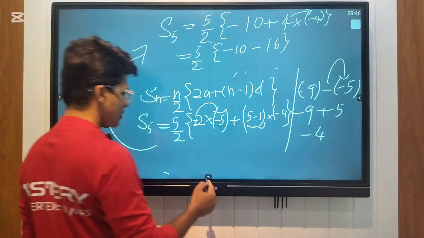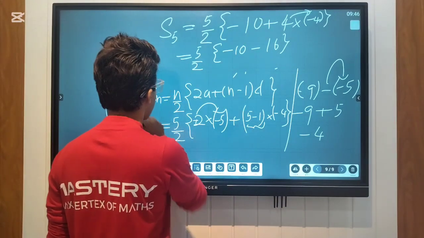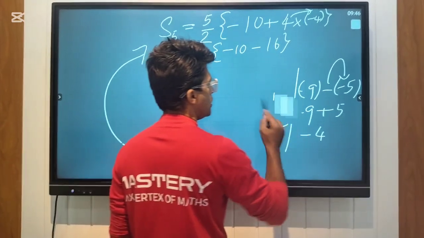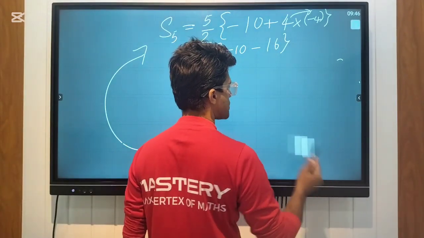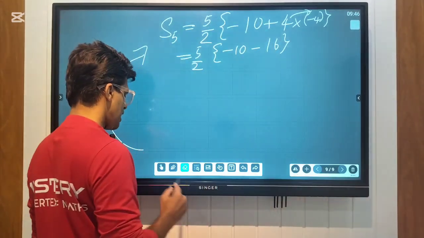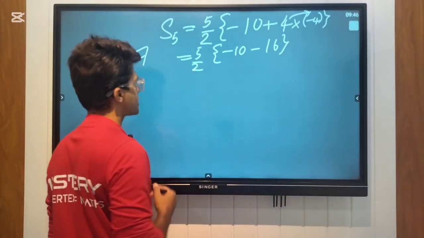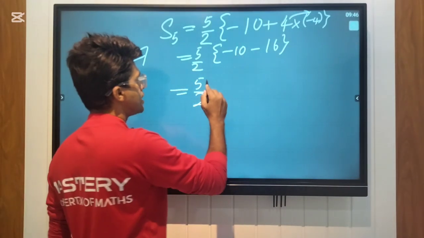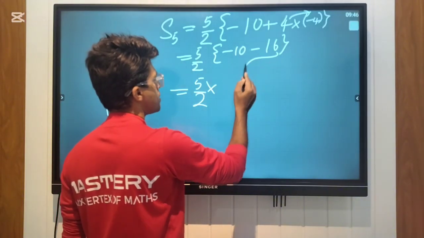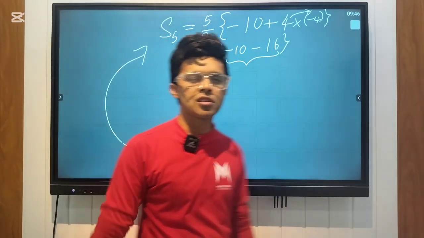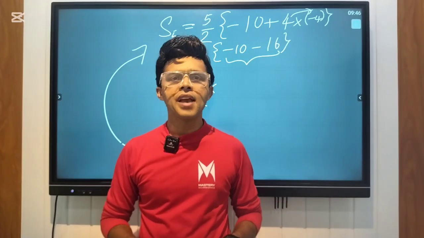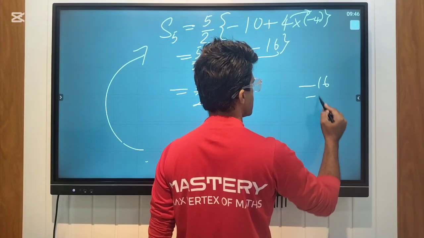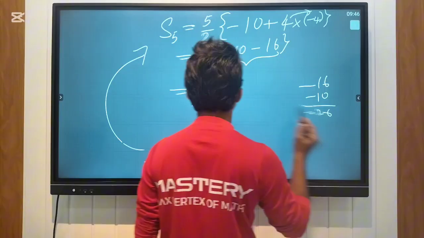So how do we simplify this? Firstly, we generally simplify the expressions in the bracket. So 5 over 2 times minus 10 minus 16. These values should be added, so minus 16 minus 10 is minus 26.